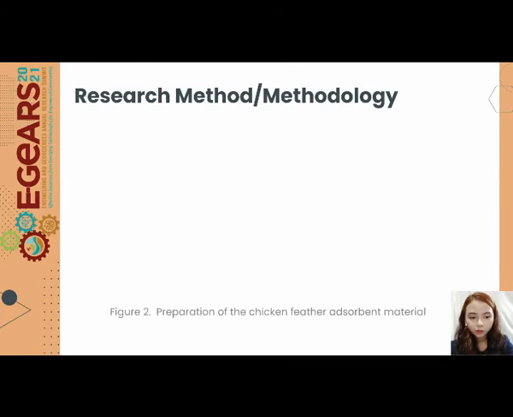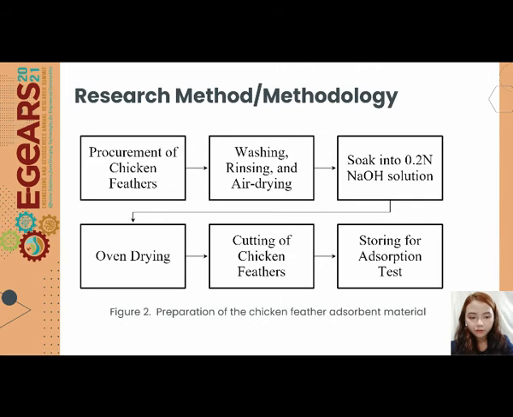The second diagram shows the preparation of the adsorbent material. Raw chicken feathers were collected from a poultry farm in Maco, Davao de Oro. They were washed and rinsed several times with detergent and distilled water, and then air-dried for 1 week to evaporate the water.